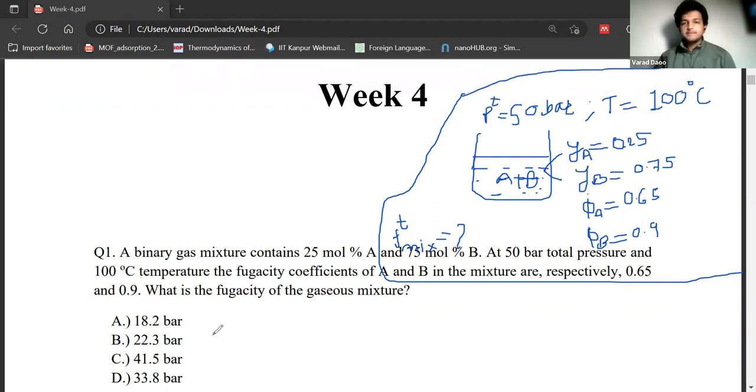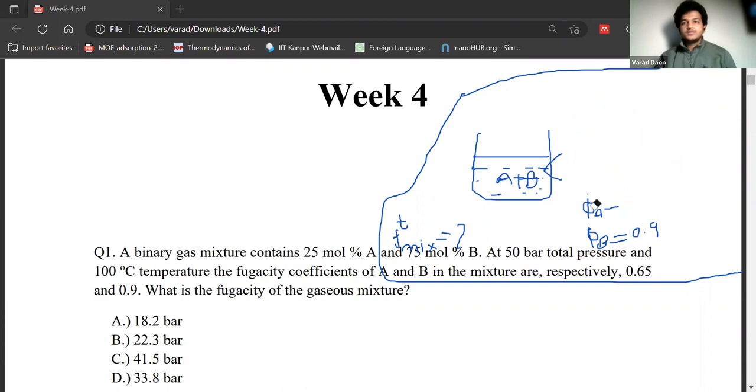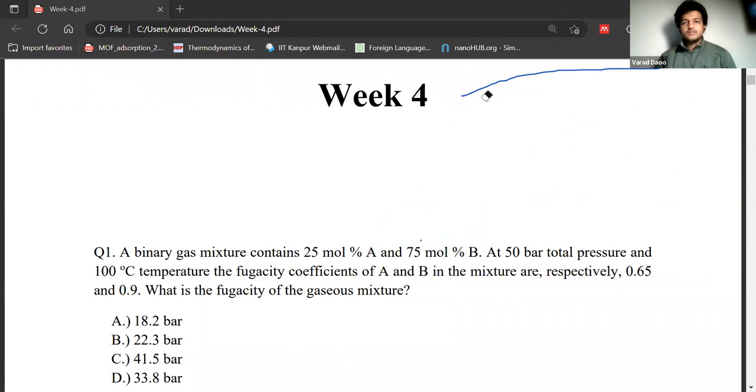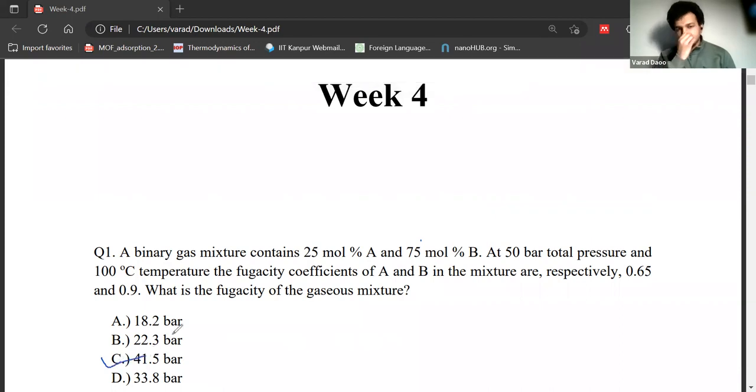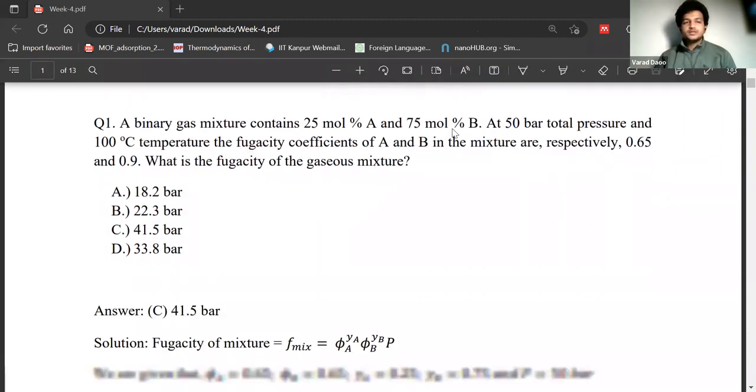Anybody would like to try? Okay, anybody will try the answer? The correct answer is option C, 41.5 bar. Anybody got it? Nobody got it? So let us discuss the question.